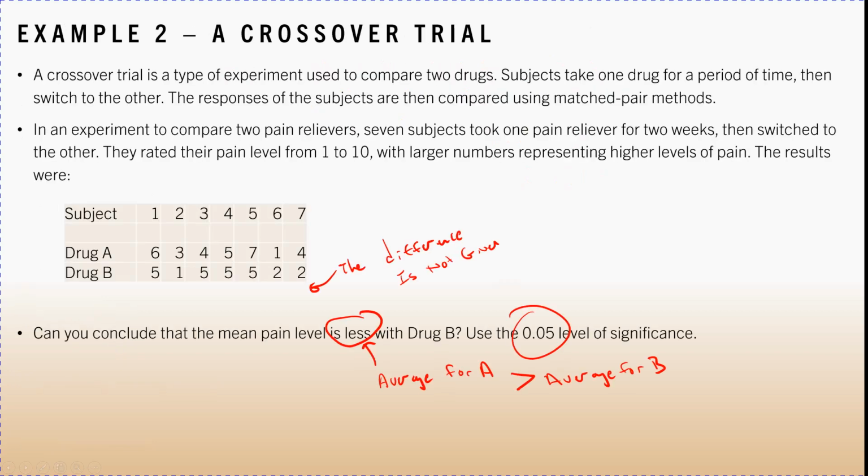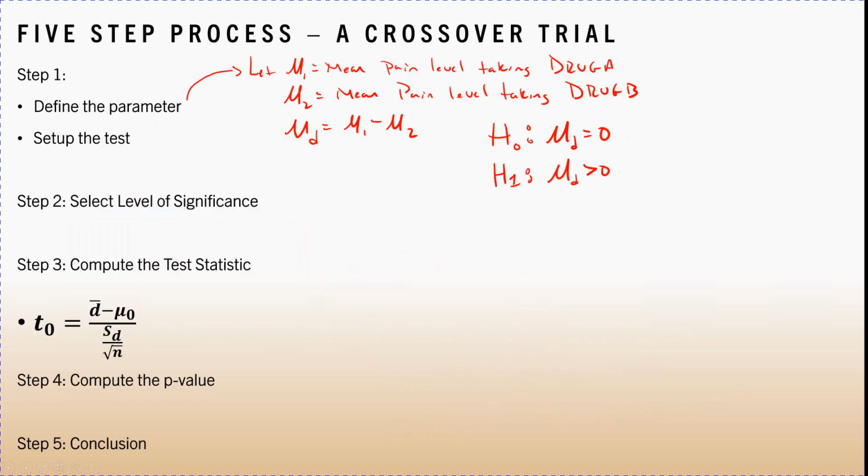When you subtract the average for B over, you see you're testing to see that it's greater than 0. Okay. So this is actually a right-tailed test. Level of significance was 0.05.